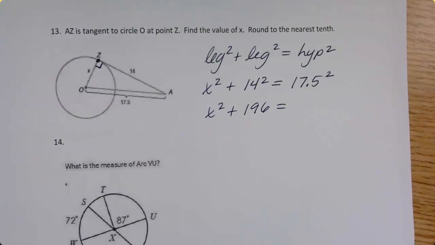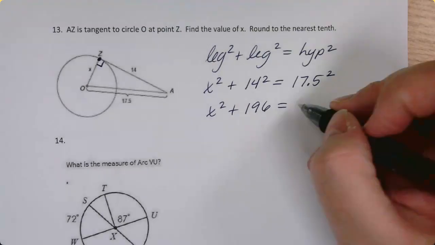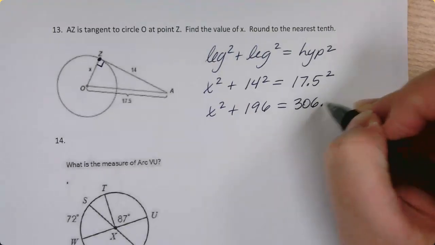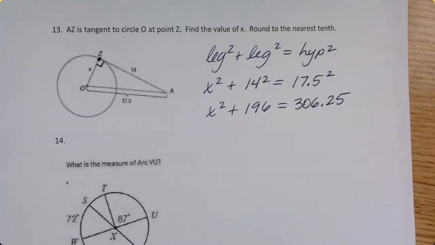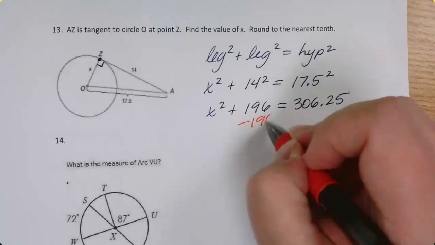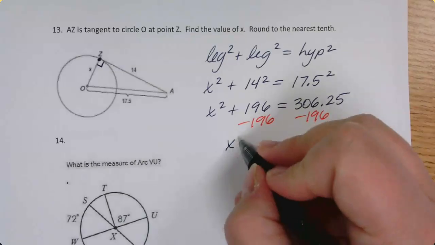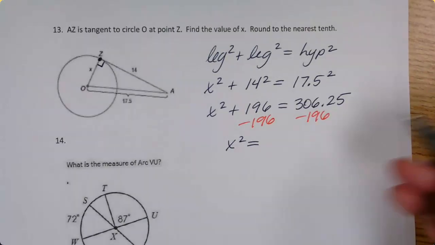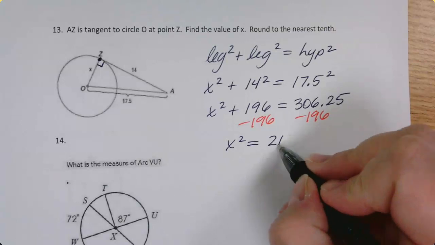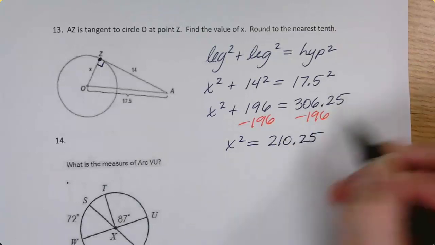I can get my calculator to turn on. That is 306.25. And then I'm going to subtract 196 from both sides. I get x squared is 210.25.